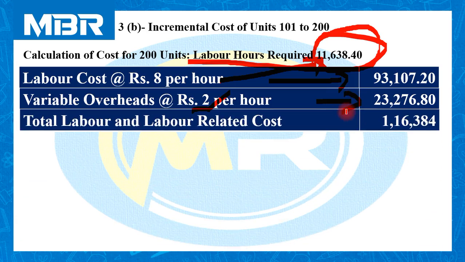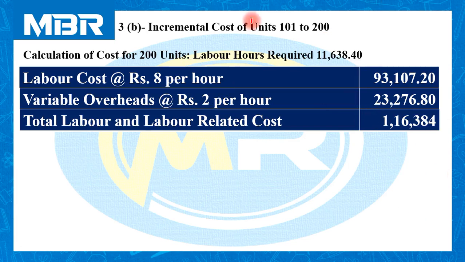It means if you produce 200 units, the labor and labor related costs are 1,16,384. But it is not our answer.